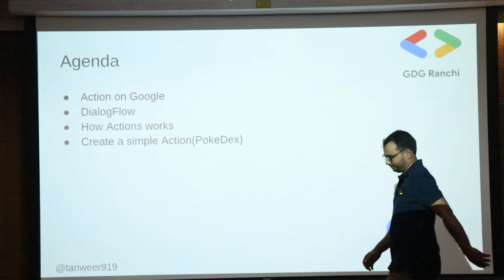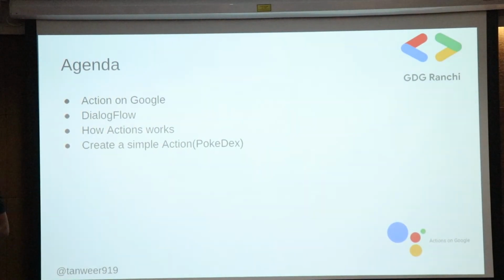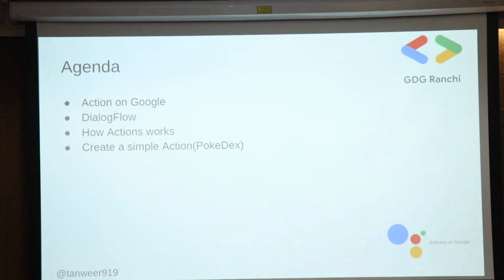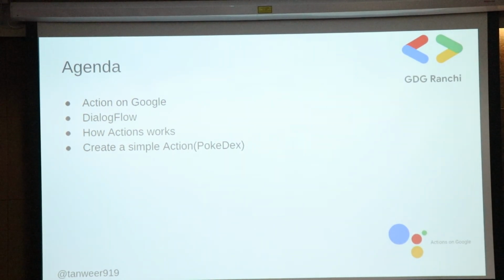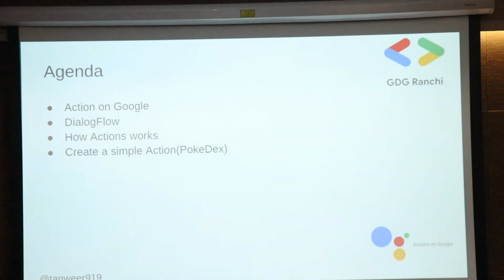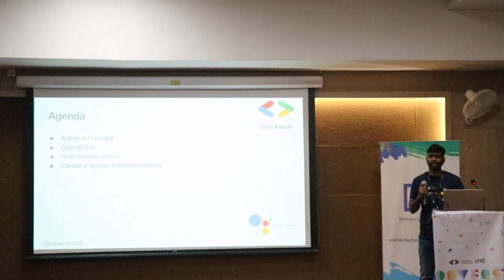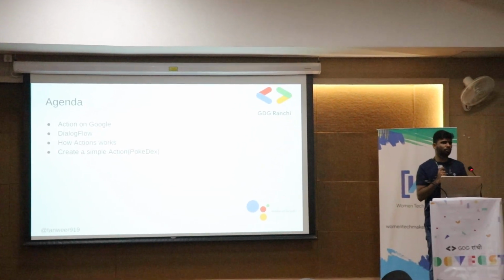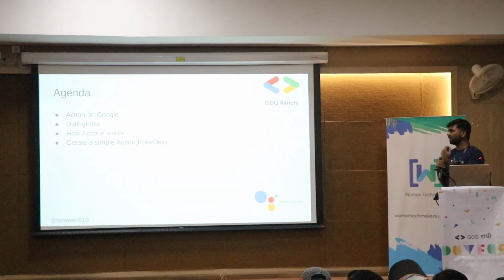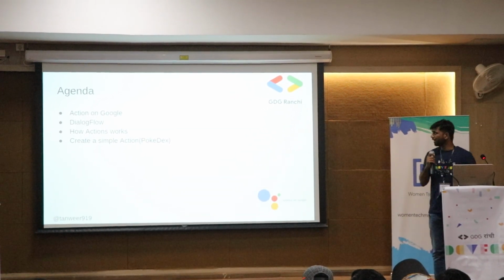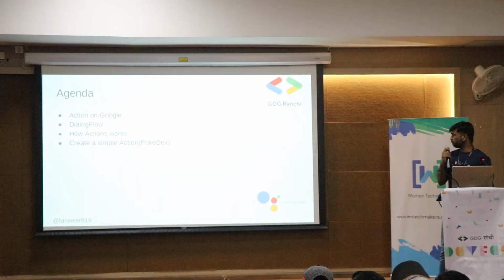First I'm going to talk about what is Actions on Google. Then I'm going to talk about what is Dialogflow and how you can integrate Dialogflow with an action, and how actions work in the background. And at last I will show you a walkthrough of how you can create a simple action. I have created a simple action for this talk named Pokédex.